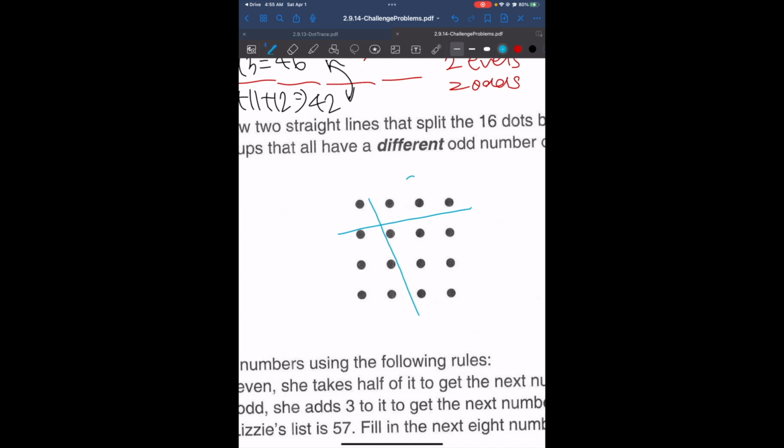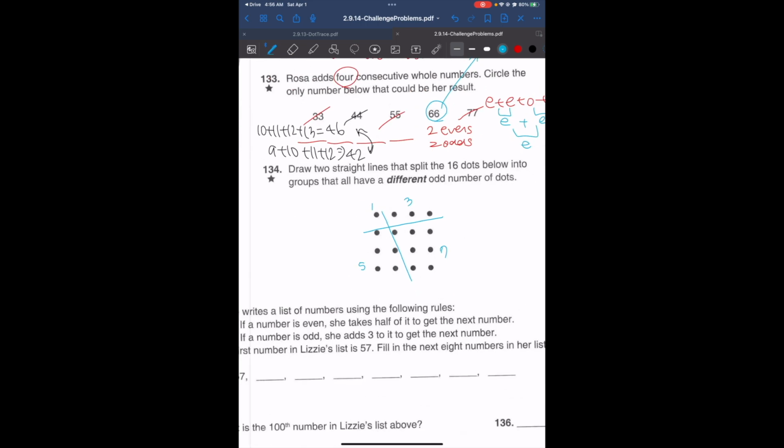And so there's 3, 1, 5, and 7. So there's two straight lines, and it's split into groups with all different odd numbers of dots.